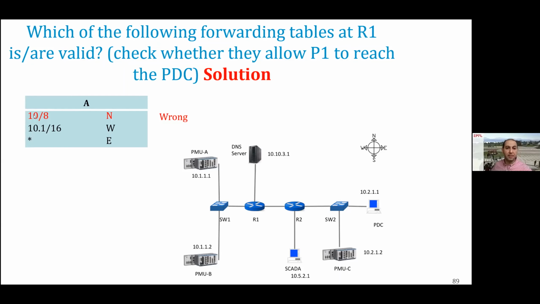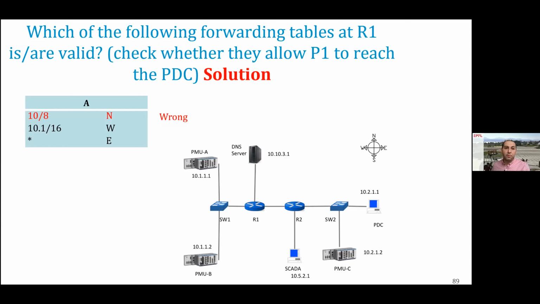That number 10 is the first byte of an IP address, and the whole byte is the network prefix. Remember that the IP address is over 32 bits. The network prefix indicates the network to which the machine is connected.